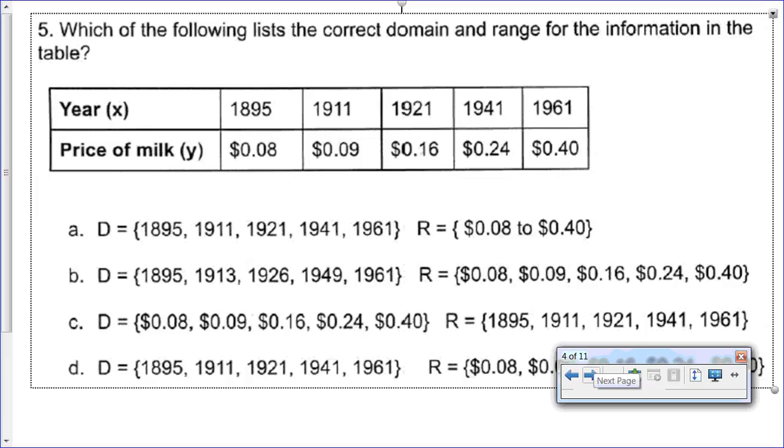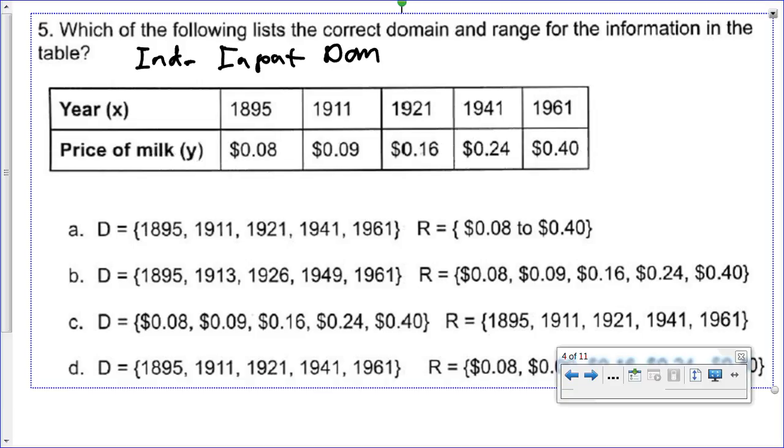Okay, which of the following is the correct domain and range for the information table? Okay, so this is what we need to know. We need to know that the independent variable, typically, I'll just abbreviate that, independent, the input to our function, and the domain are talking about the same thing, okay?